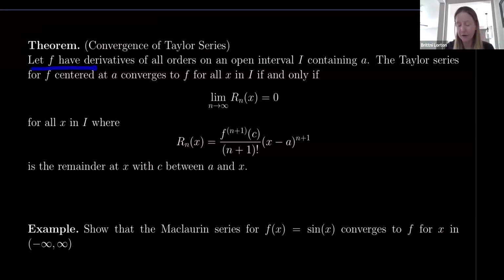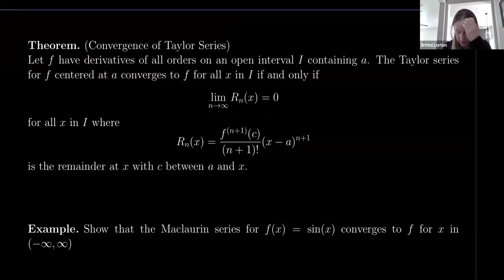If f has derivatives of all orders, I can just keep taking derivatives. Then if the remainder goes to 0, let me say that again. If your error approaches 0, that error that I just did right before this, then your Taylor series converges to the actual function in question.